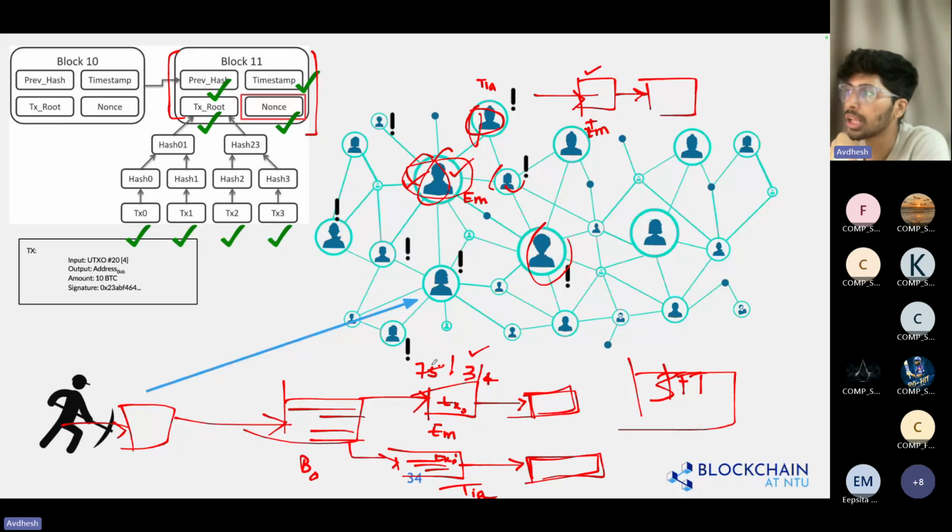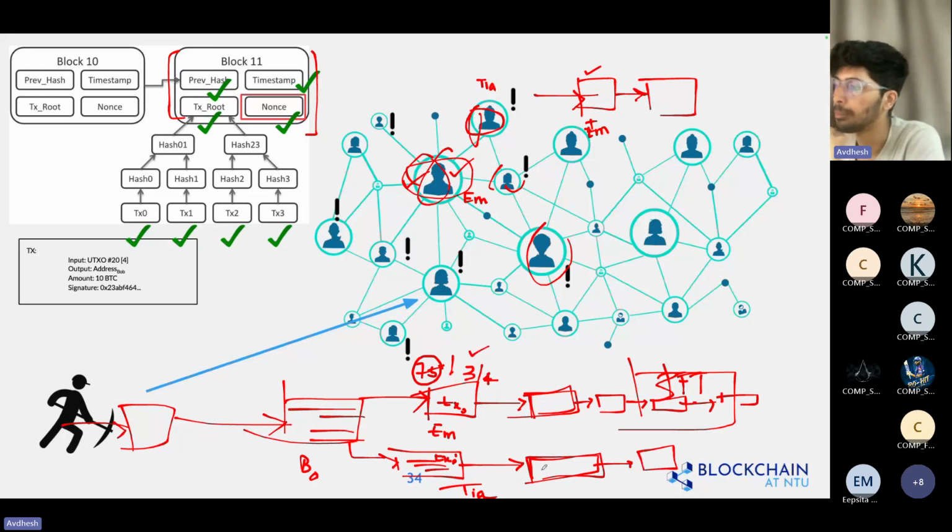But since Emmanuel has more consensus than Tia, this will go much faster, and this will have a lot of blocks as compared to Tia's, because only 25% of the network is working on Tia's block.